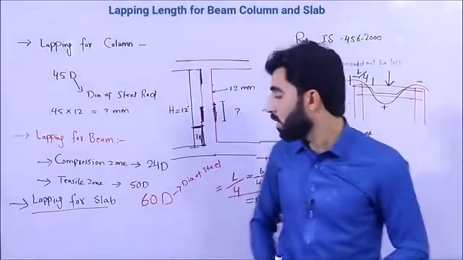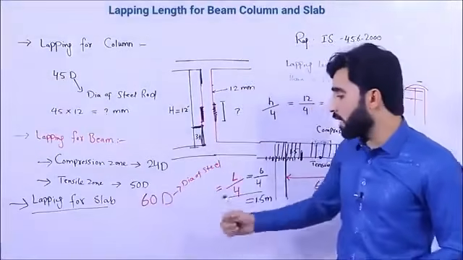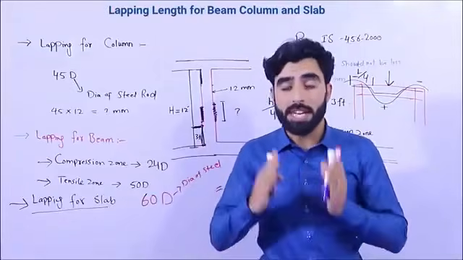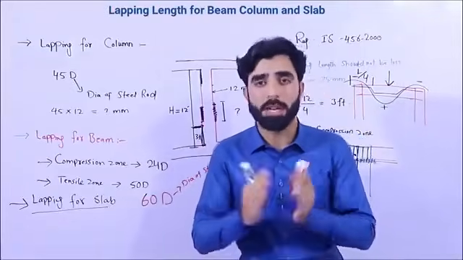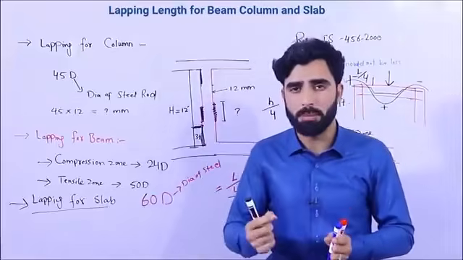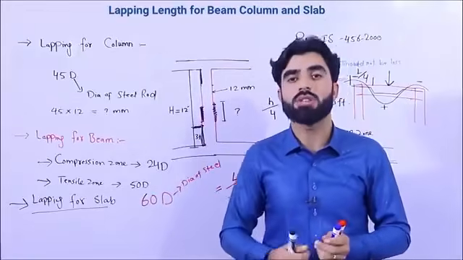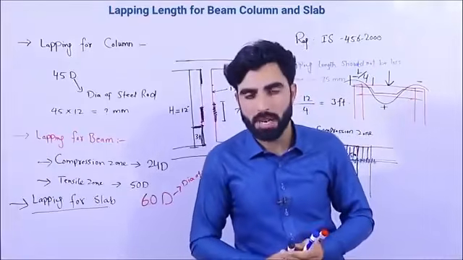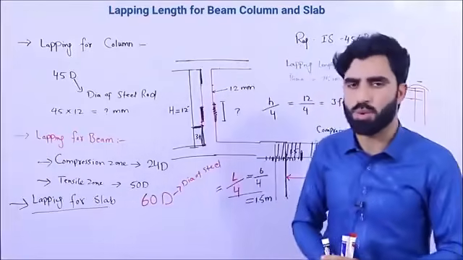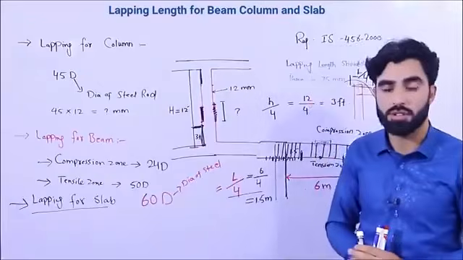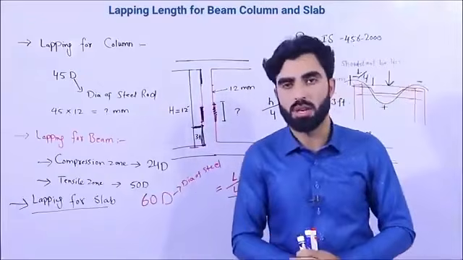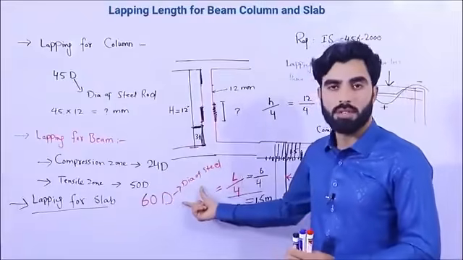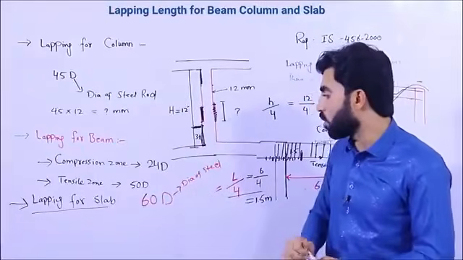the lapping length? The lapping length should be provided in the slab where we have no bending moment and minimum shear stresses, which is called the point of contraflexure. I have discussed in many videos what the point of contraflexure is, and you can also search on Google to know where the place is.